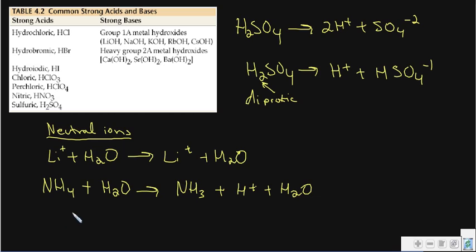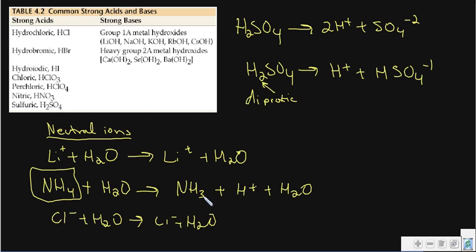And so that also goes for these anions. In the case of these anions, when chlorine is in water, guess what? That's it. It doesn't do anything. It ends up just staying in water. But you'll notice that this cation right here, what did it do? This cation made this solution acidic, right?